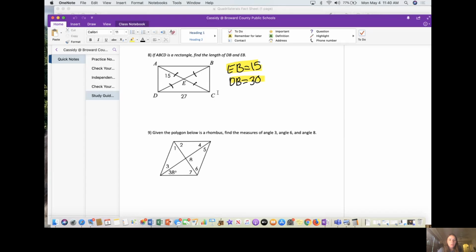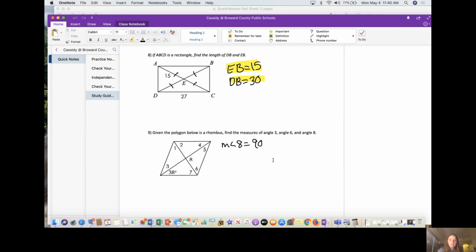So right off the bat, we know what angle 8 is. All 4 of these angles in the center are 90-degree angles because the diagonals intersect at a 90-degree angle. So let's start with angle 8. The measure of angle 8 equals 90, because it's a right angle, because they're perpendicular.